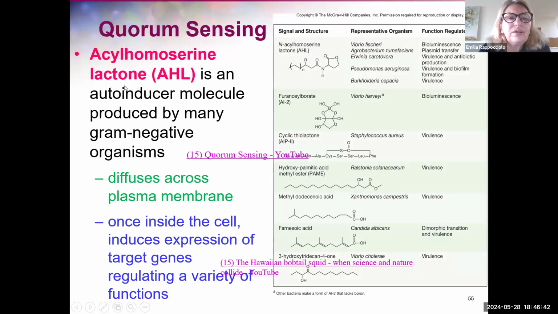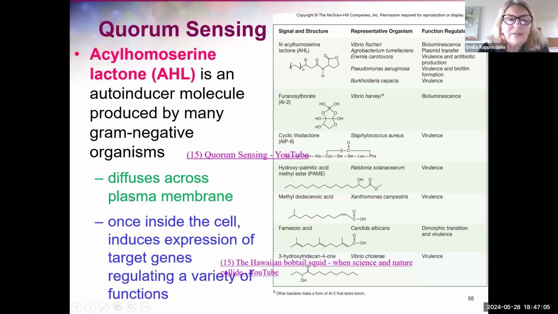Acylhomoserine lactone is a molecule produced by many gram-negative organisms. This is the auto-inducer because it can be released and go to signal to cells next to the cell that produces it, but it can also be received by the same cell that produces it.